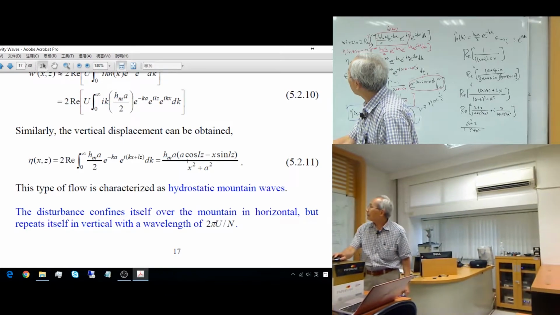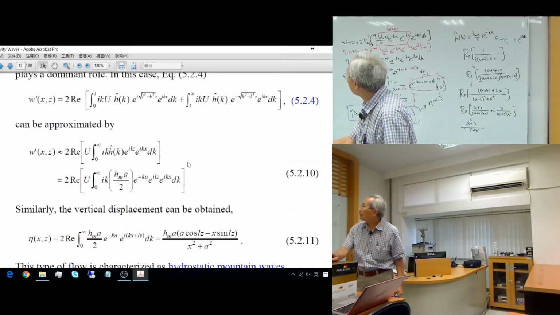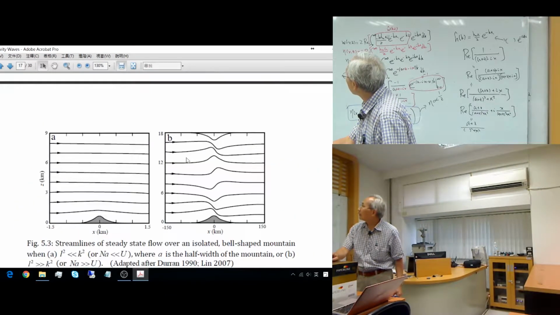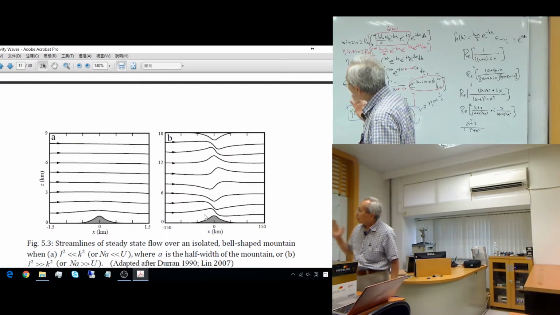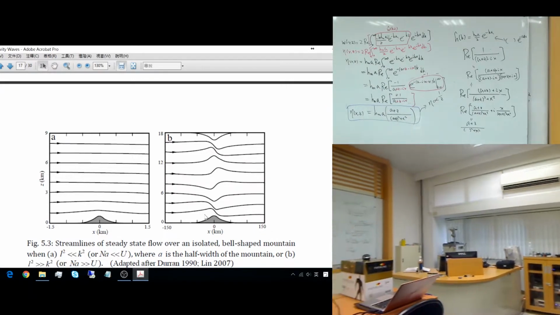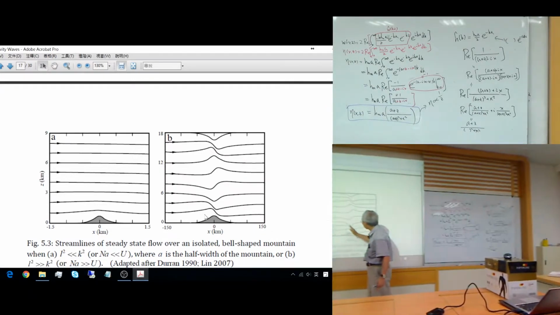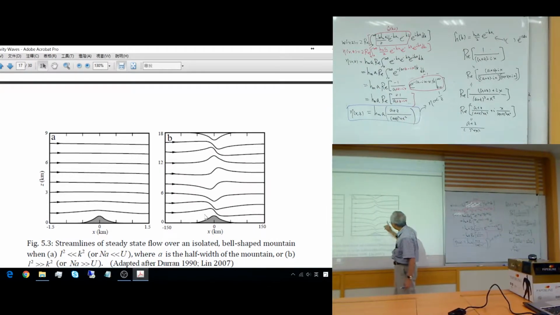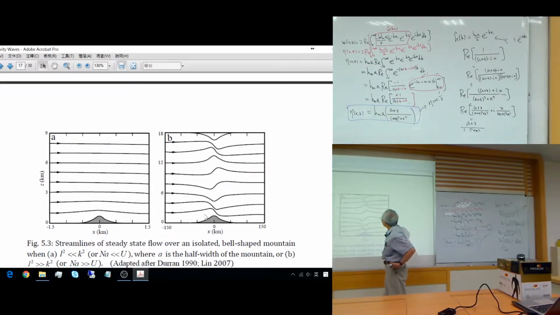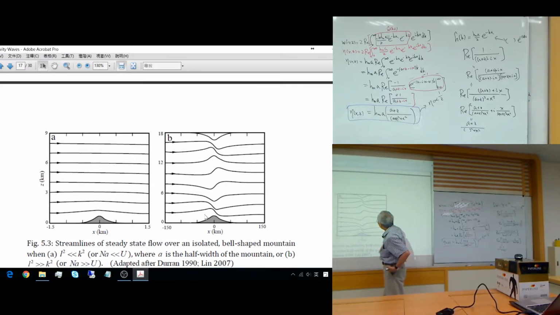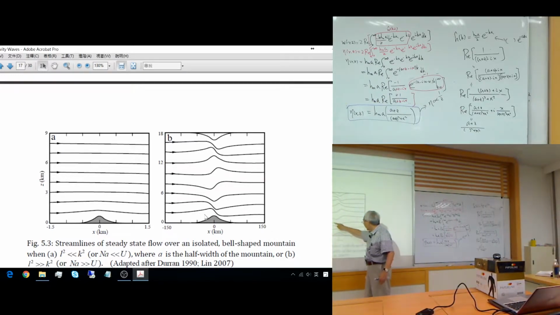You plot it out and you'll find something like this one. You have the vertically upstream phase tilt, an upstream tilt with height. Here, this looks almost like a reversed mountain.